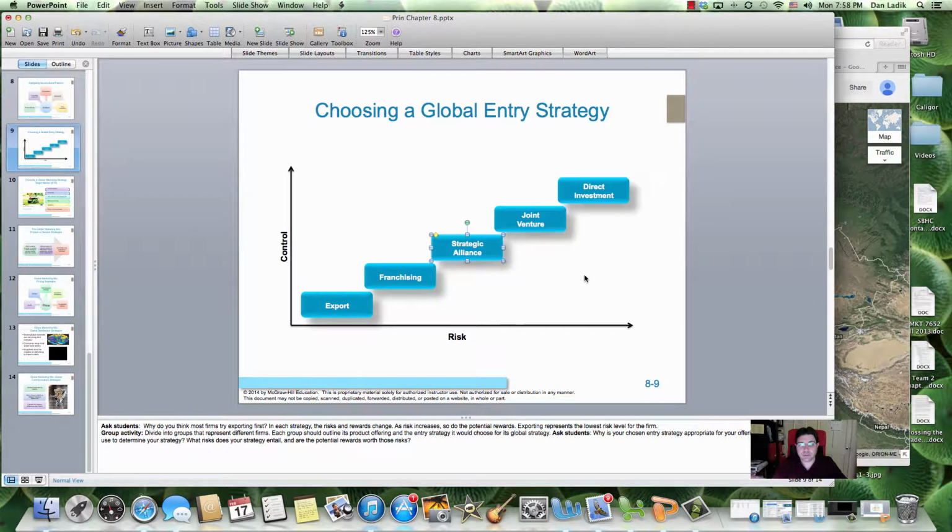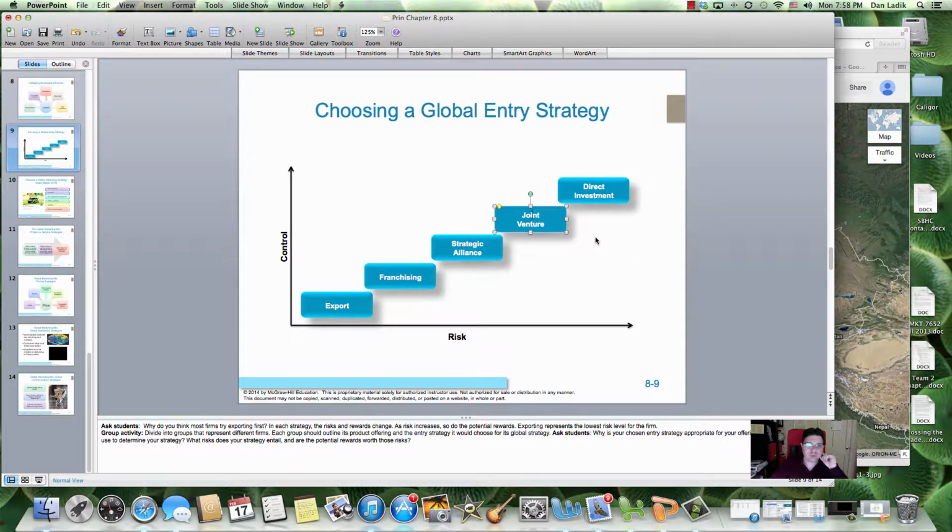Nestle, for instance, does not have a strong distribution network here in the United States for soft drinks, but Pepsi does. So Pepsi created a strategic alliance with Nestle to distribute Nestea iced tea in cans through Pepsi's bottling network. It's a strategic alliance. You could do that in another country as well, going abroad.